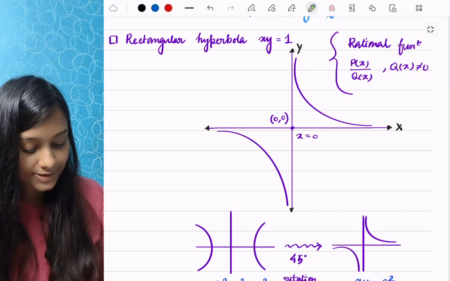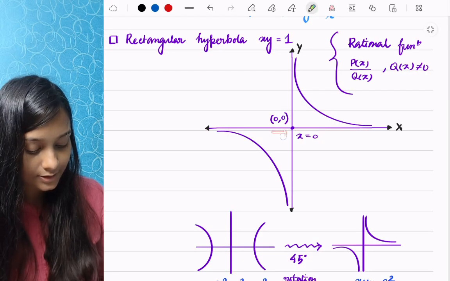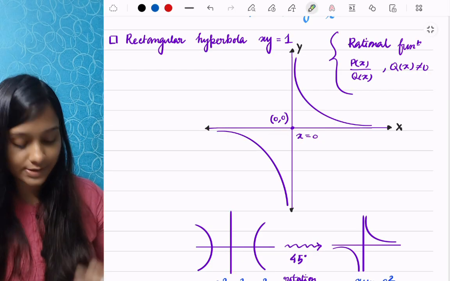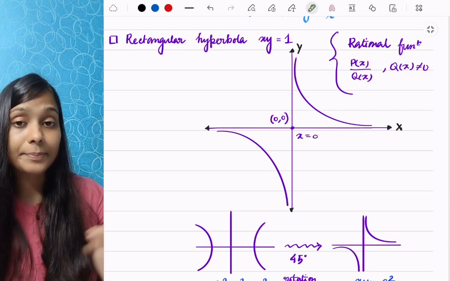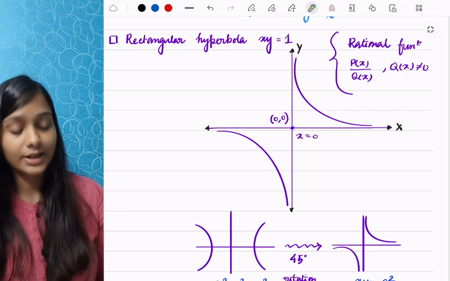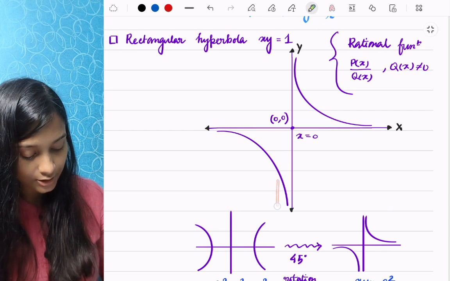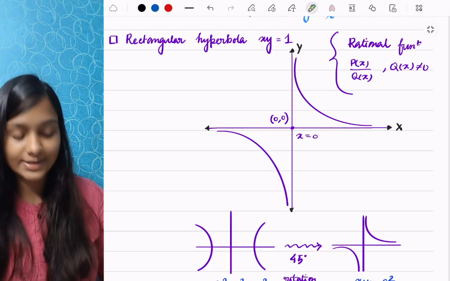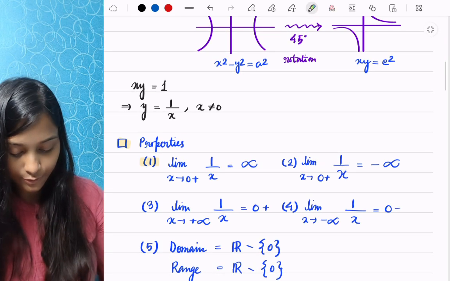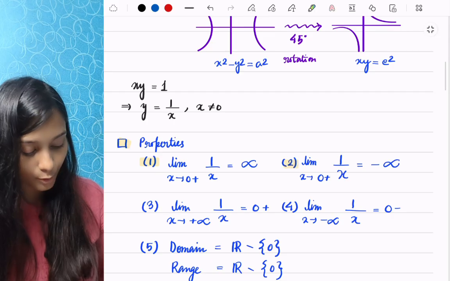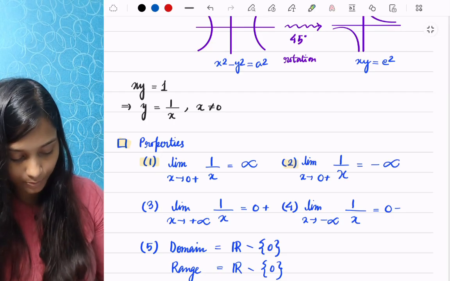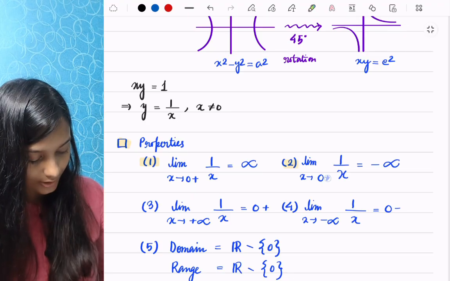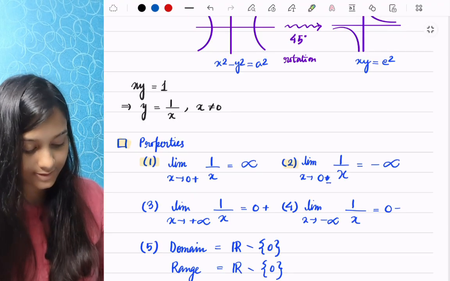Similarly, for the negative side, as the x value goes near to 0 minus, which is the left hand side of 0 but very near to 0, we can see that the y value goes towards minus infinity. So here we have these two properties. Okay, so this one should be minus, not plus. This one should be minus.